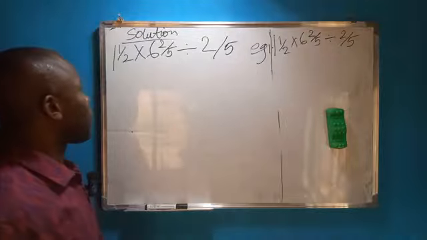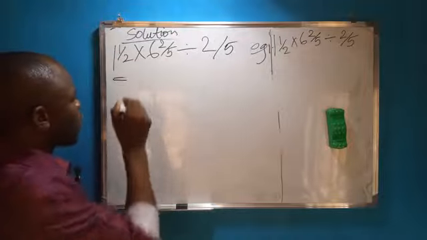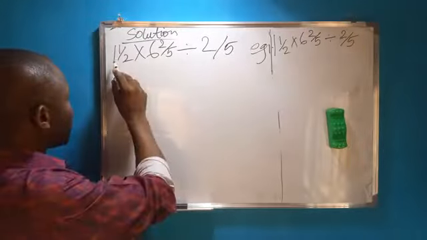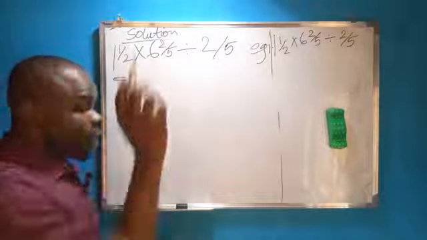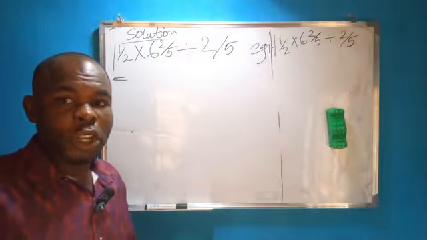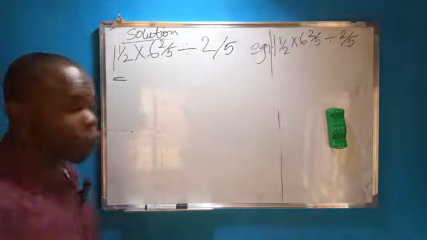In this case, we write equal to. Now, in the case of one whole number, 1 over 2, you now see how to convert a mixed fraction to an improper fraction. Just watch.